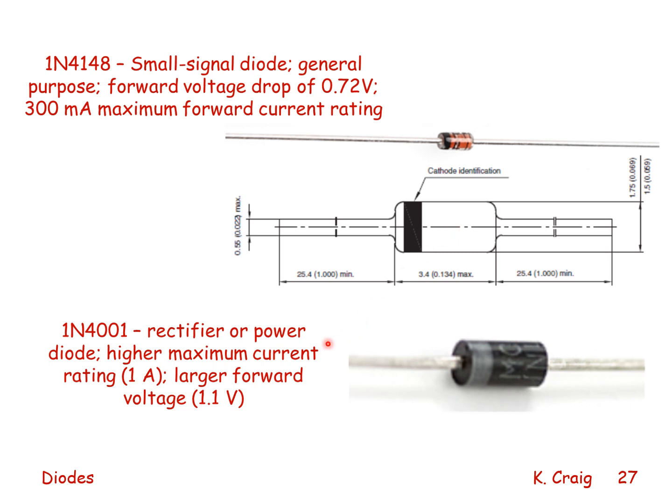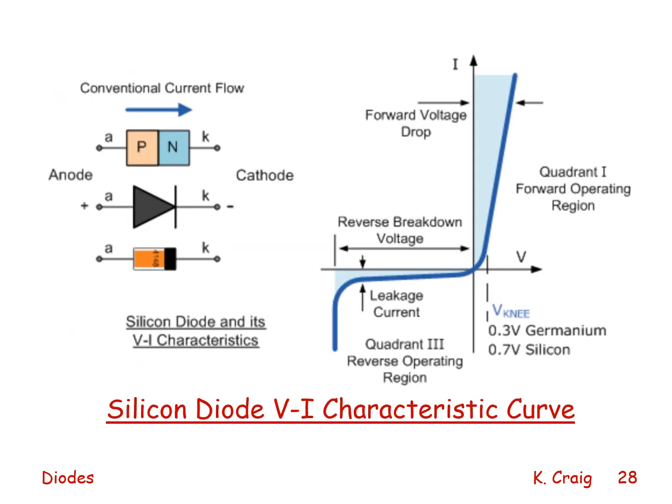The 1N4001 is a rectifier or power diode. It has a higher maximum current rating, 1 amp, and a larger forward voltage, 1.1 volts. Here is another diagram showing the current voltage characteristic of the diode.